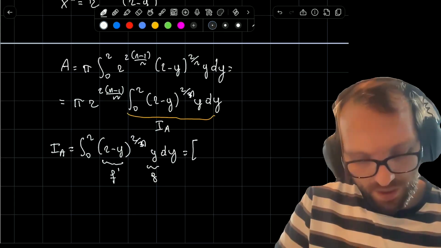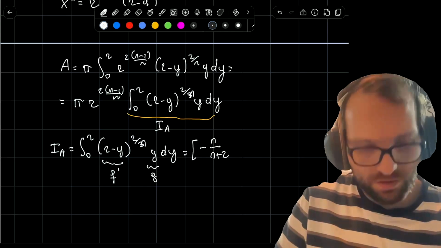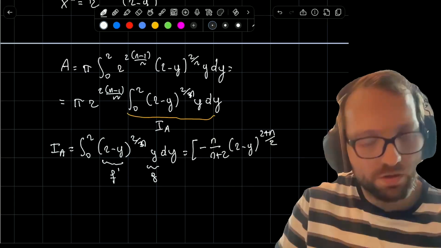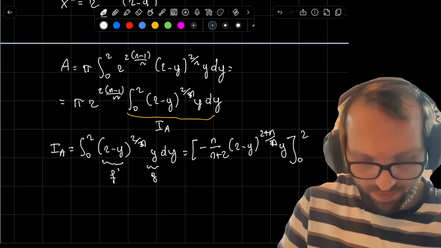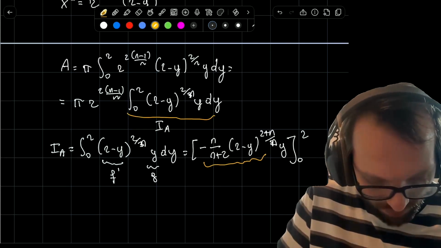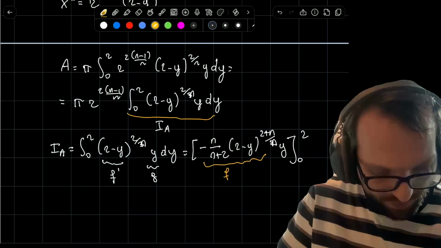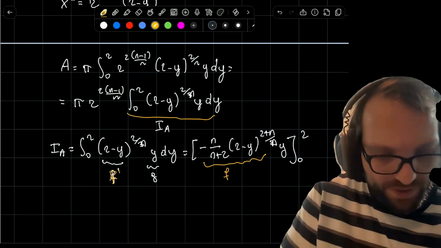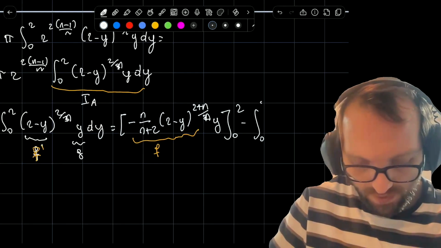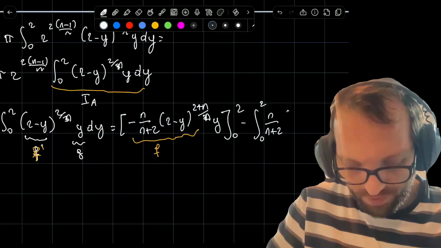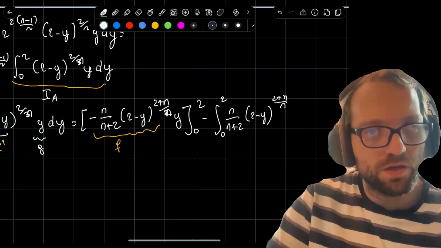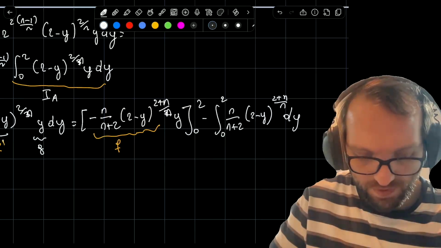So this is going to become: this term here is the integral, so this f is the integral of f prime here. After that we have a minus of this function here.